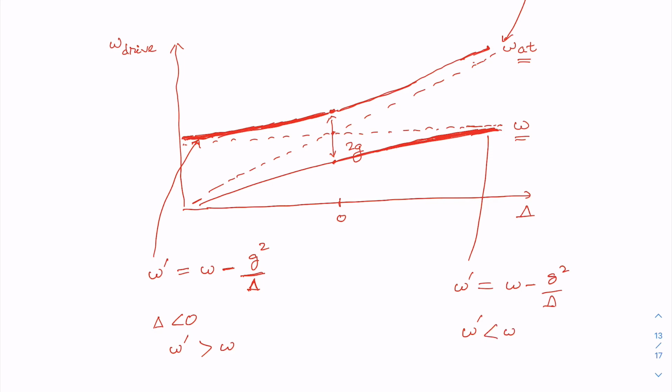Also omega dash is equal to the bare cavity frequency because delta is greater than 0. So as per our model, all the experimental results are very nicely explained by the analysis that we did with the Jaynes-Cummings model.